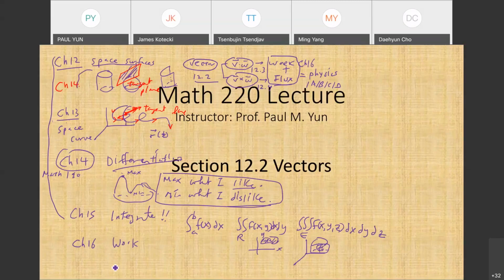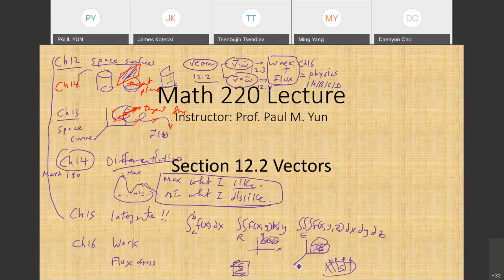and flux across S. Suppose it's a surface S. How much matter is going through? If more matter is going through the surface, you create more energy, right?